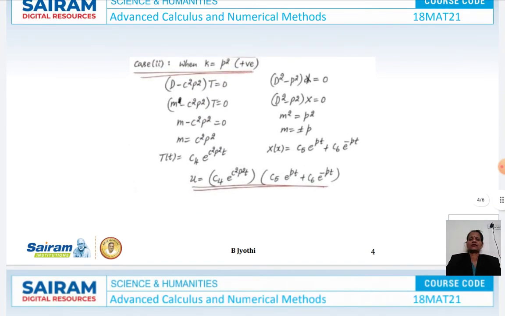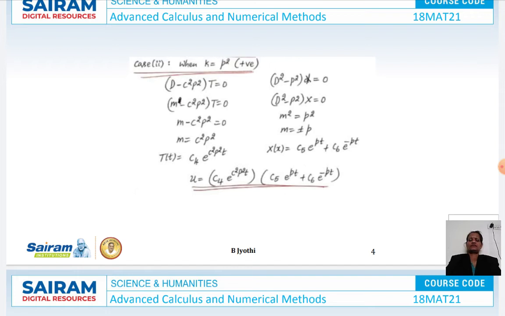Case 2: when k = p², that is positive, we get (D − c² p²) T = 0 and (D² − p²) X = 0. Replacing D with m again, (m − c² p²) T = 0 and (m² − p²) X = 0. That is, m − c² p² = 0 and m² = p², or m = c² p² and m = ±p.